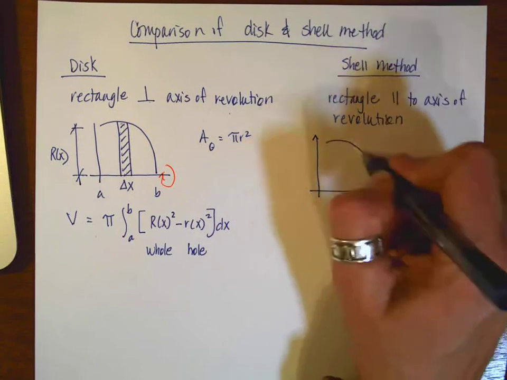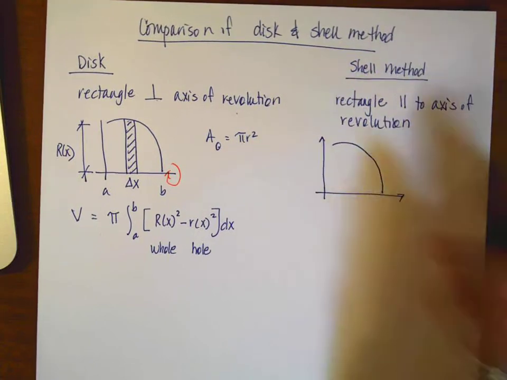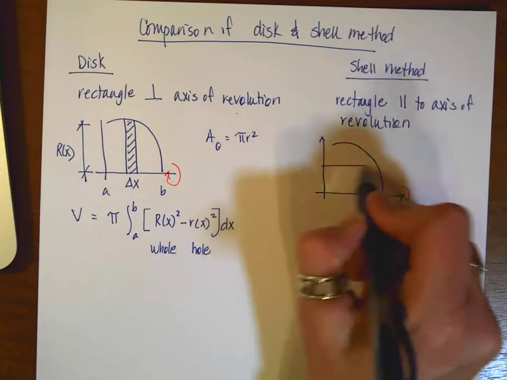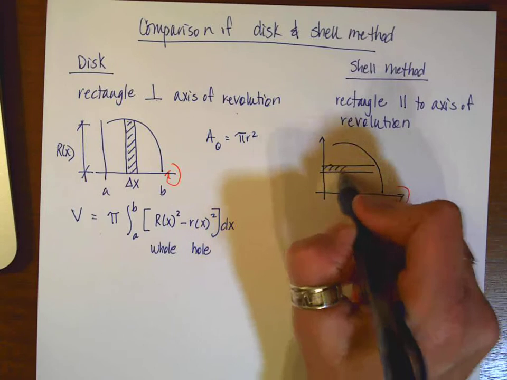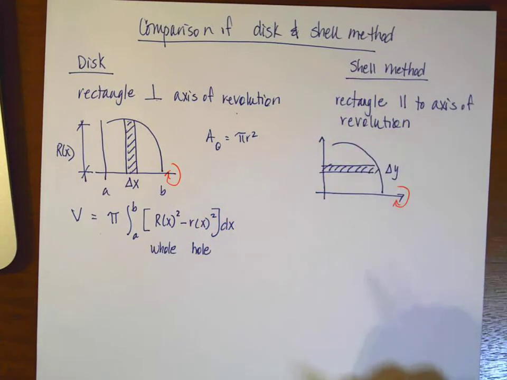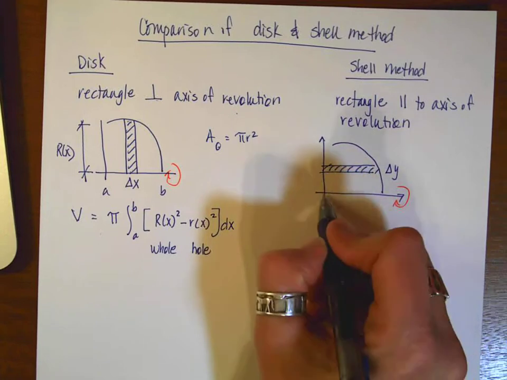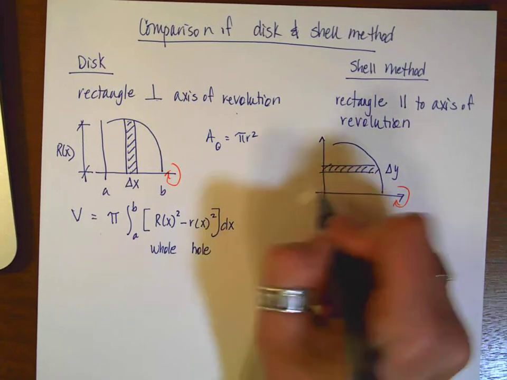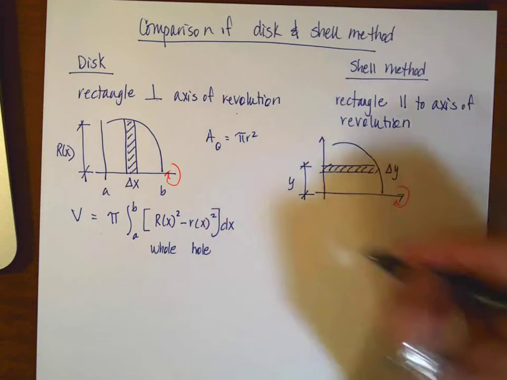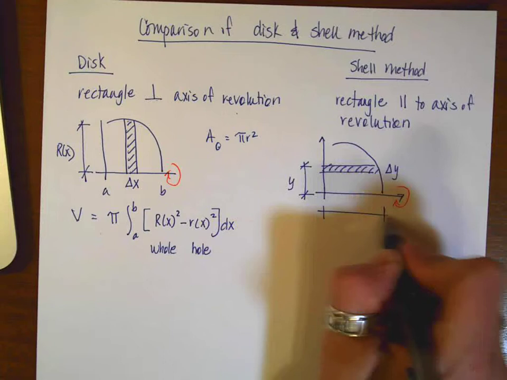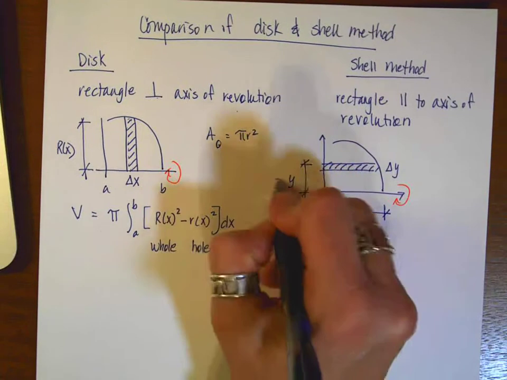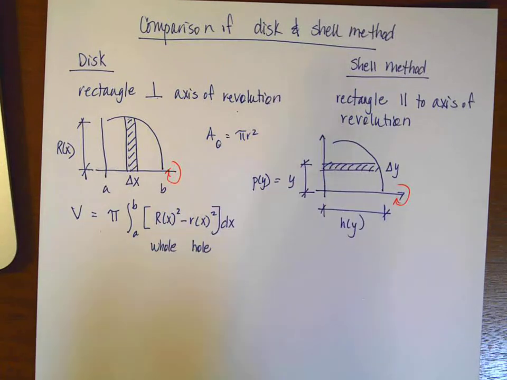So if I take the same situation and consider the shell method, and if I'm rotating about the x-axis, that means that my little rectangle has to be parallel to my axis, which means that this is delta y. And remember that p is the distance from the axis of revolution to your rectangle, so this distance is going to be y, and then this would be the height of my rectangle, h of y.